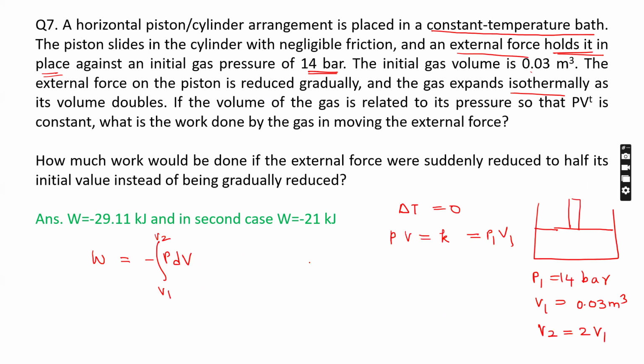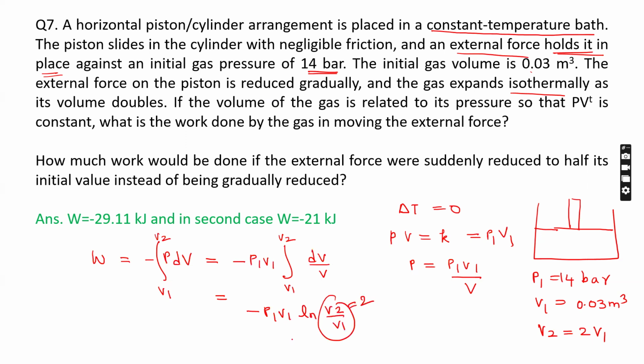So now we express this pressure as P is equal to P1 V1 by V. And using this, we get minus P1 V1 integral dV by V from V1 to V2, which is equal to minus P1 V1 ln of V2 by V1, which is equal to 2 here.